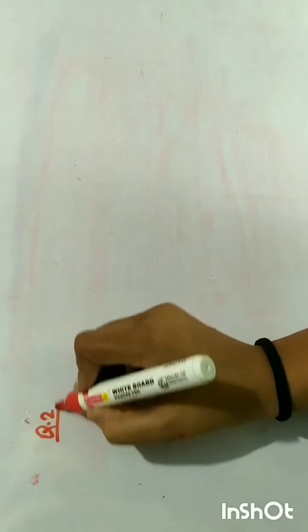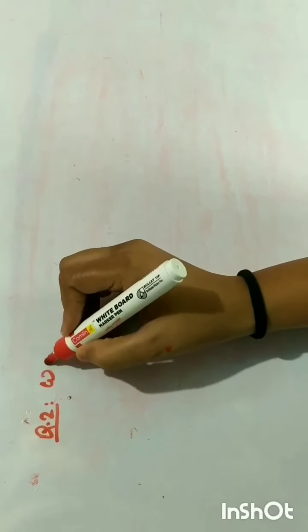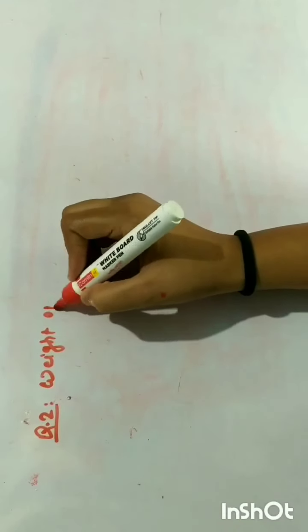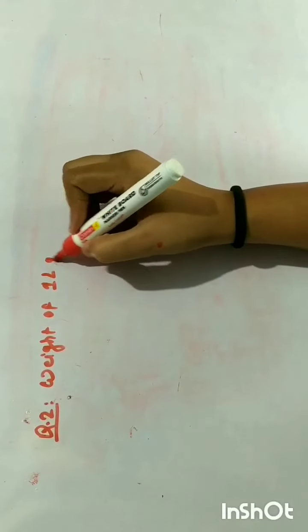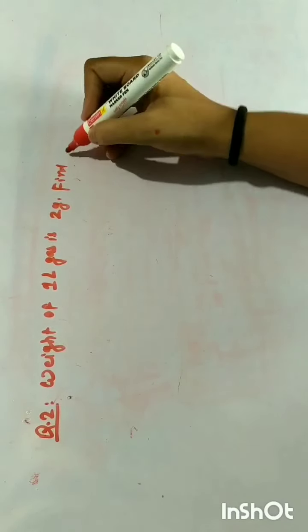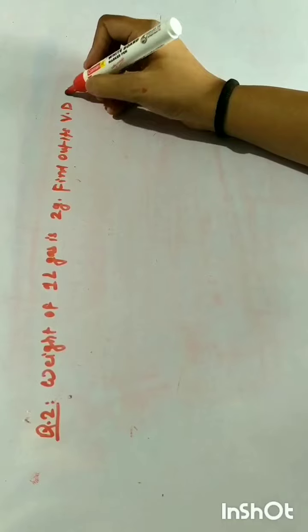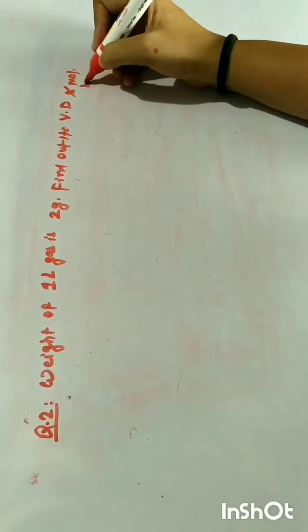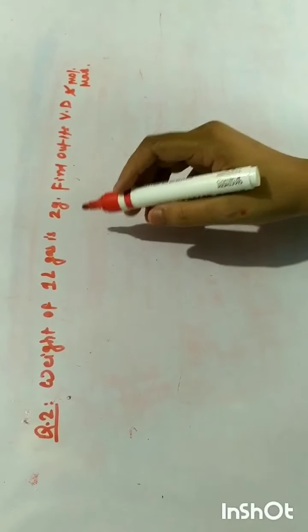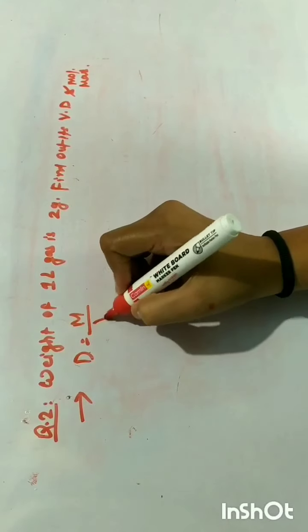Question number 2. Weight of 1 liter gas is 2 gram. Find out its vapor density and molecular mass. So weight of 1 liter gas is 2 gram, and density is equal to mass by volume.